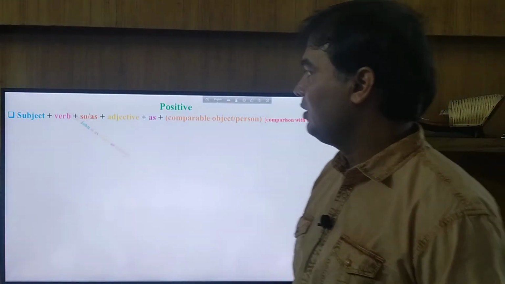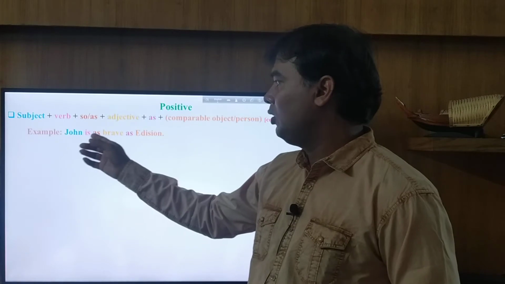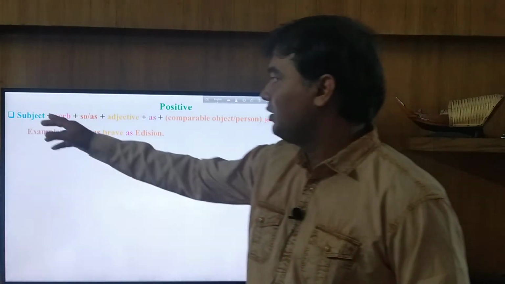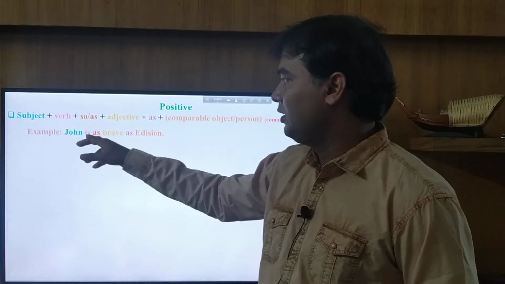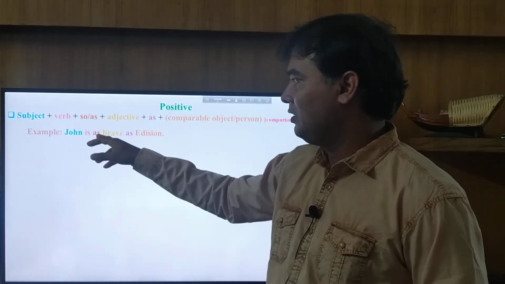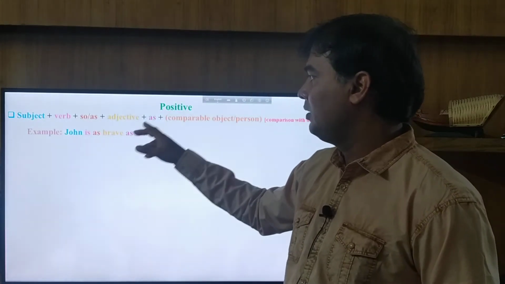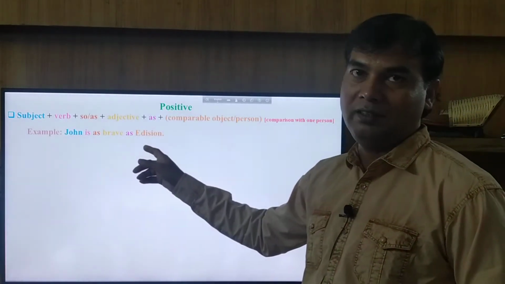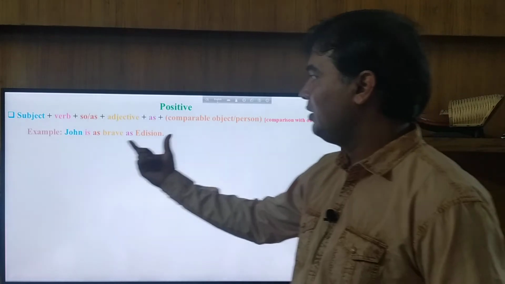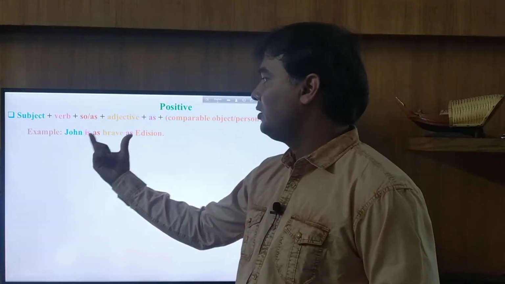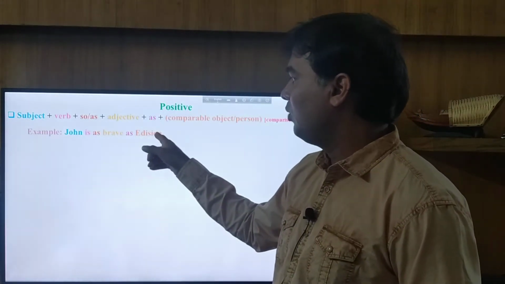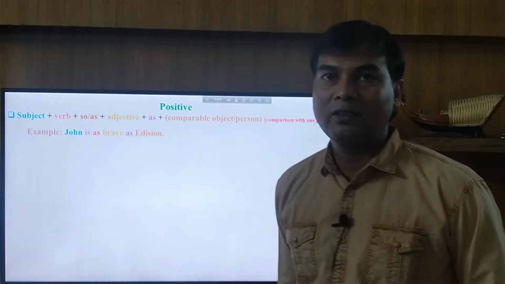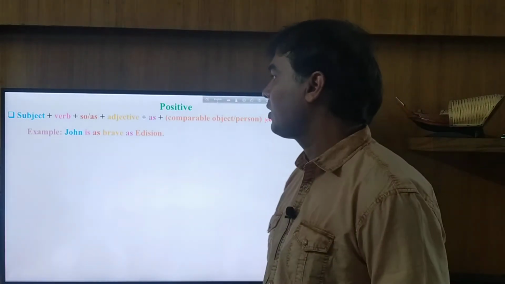You see the example: John is as brave as Edison. Here John is the subject, verb is "is", then "as", adjective brave, then "as", and then comparable person Edison. Here the comparison is with one person, Edison. So this is the basic structure of positive degree.